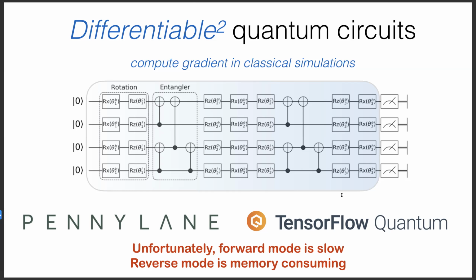A straightforward idea is to implement a quantum circuit simulation with machine learning libraries like TensorFlow, PyTorch, and so on, and just use machine learning, like what I did in that tiny example, the inverse Schrodinger problem, right?